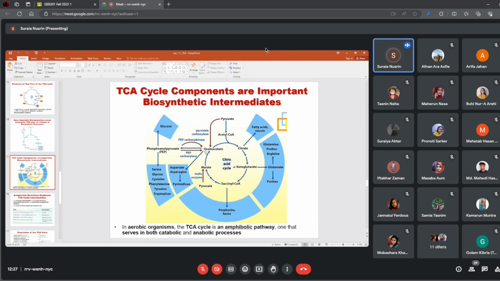If you look at this, pyruvate by enzyme pyruvate carboxylase, or from phosphoenolpyruvate by phosphoenolpyruvate carboxykinase, or another enzyme phosphoenolpyruvate carboxylase. And there is one more intermediate produced, that is from again pyruvate by malic enzyme, which produces the intermediate malate.